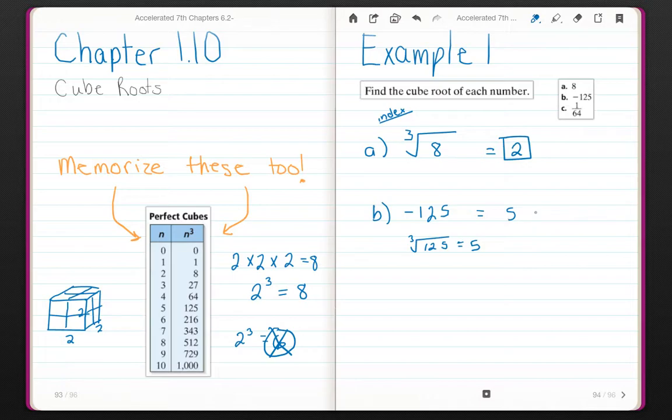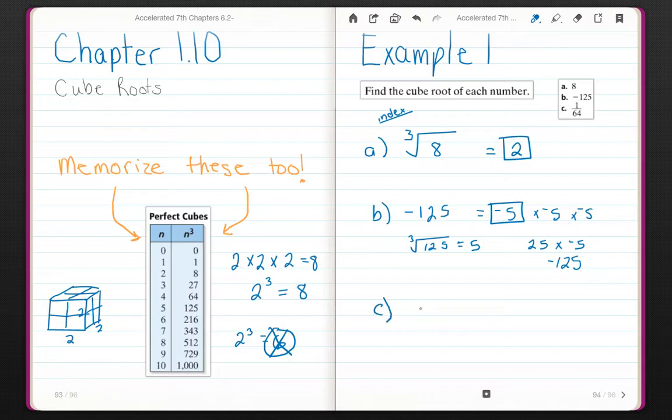If I have 5 times 5 times 5, I'm going to get a positive number. If I change all of these to negative 5, negative 5 times negative 5 is 25. But 25 times negative 5 is negative 125, because a negative times a positive is a negative. So the cube root of negative 125 is actually negative 5.